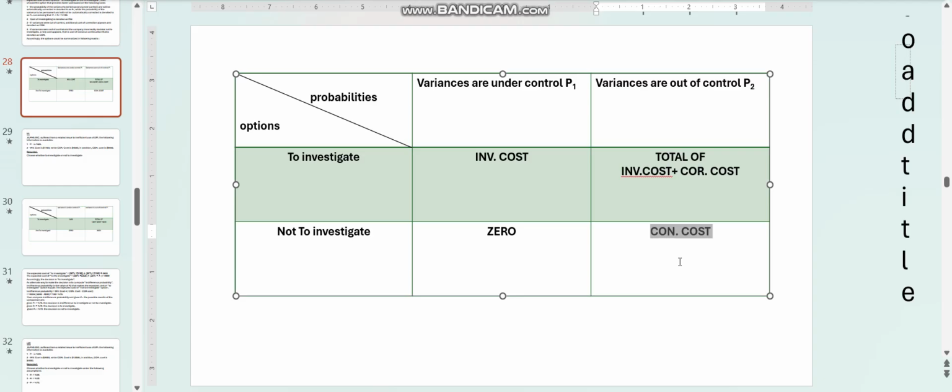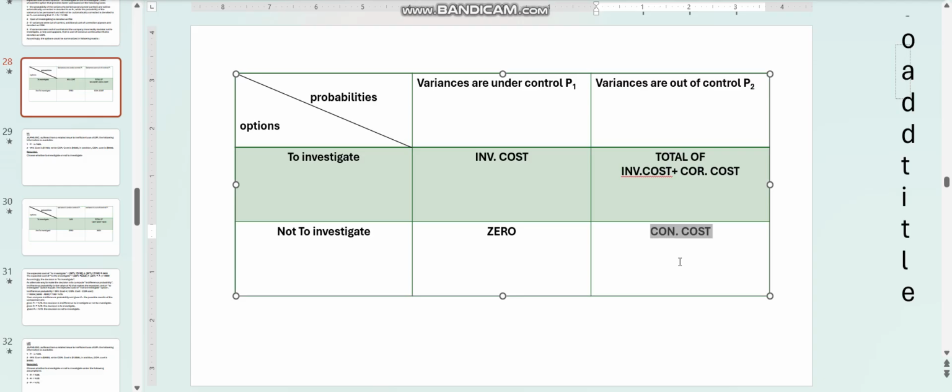However, since variance is out of control, it will happen in the next period and next and next. The continuation of variance leads to a cost or a loss afforded by the company. We name it variance continuation cost, and we denote it as CON.